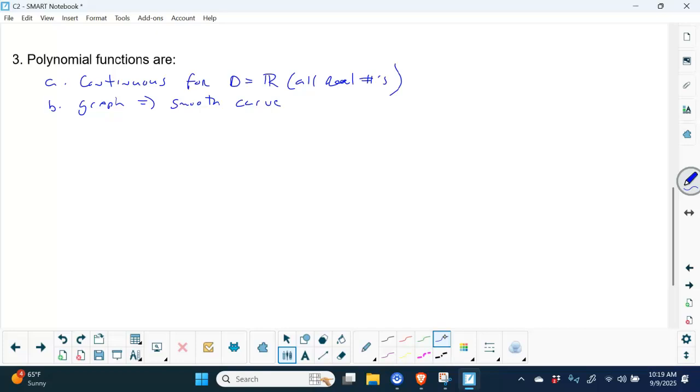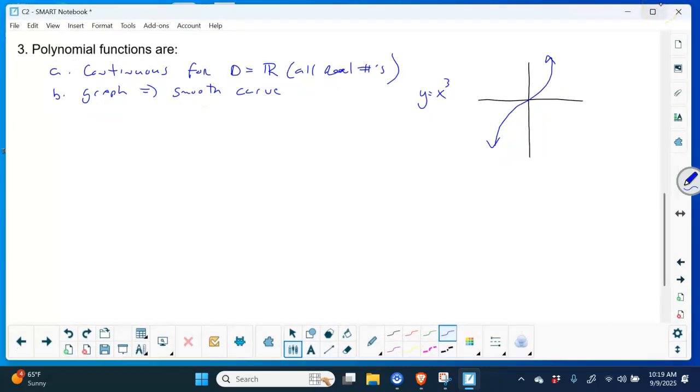A smooth curve. Here, let's sketch y equals x cubed. So, give myself a Cartesian plane, and here's the graph of y equals x cubed. It's a smooth curve, right?